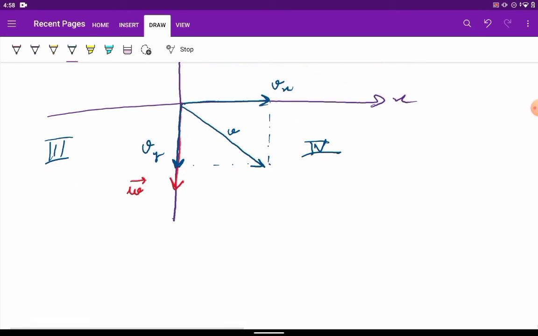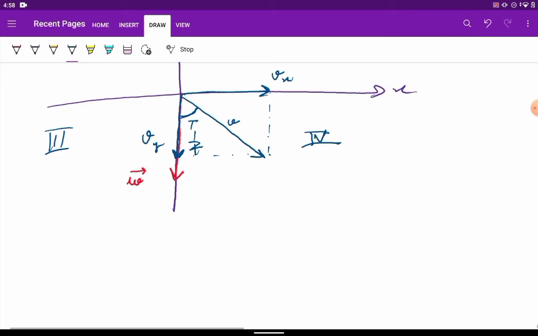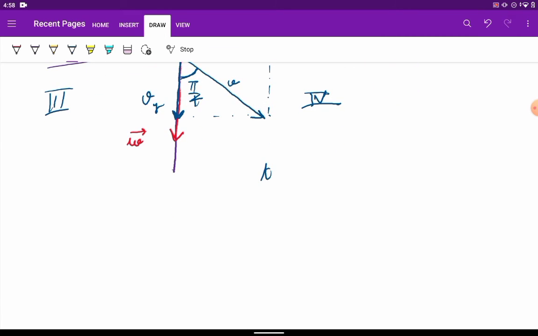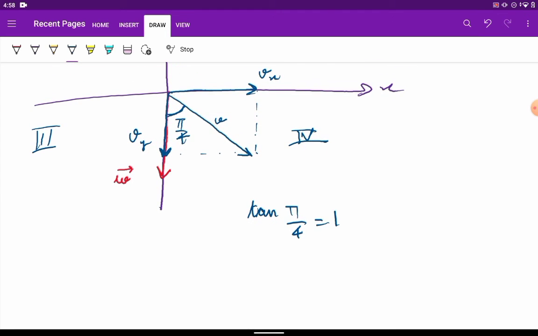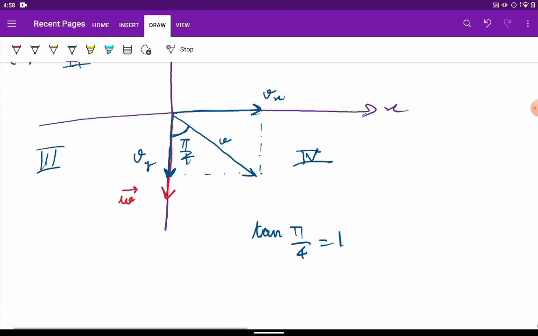So if this angle has to be pi by 4, and we know that tan pi by 4 is 1, let's talk in terms of the magnitudes. This is obviously Vx, and since Vy is actually negative, the magnitude of the y component would be minus Vy.